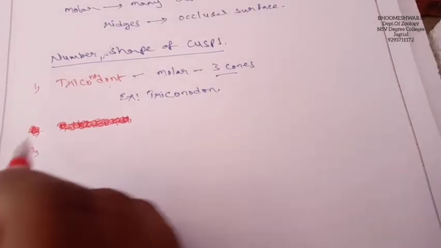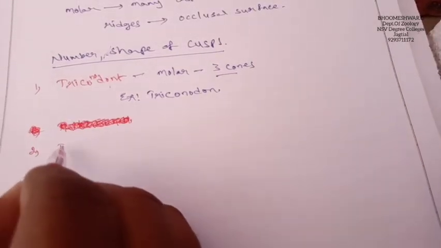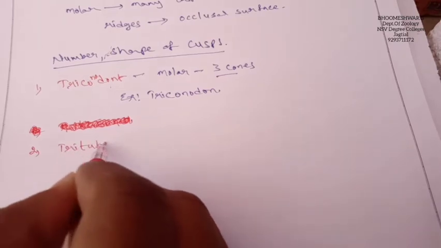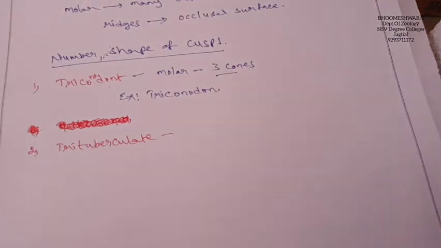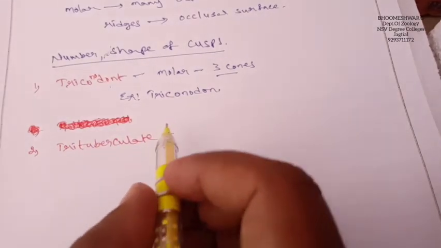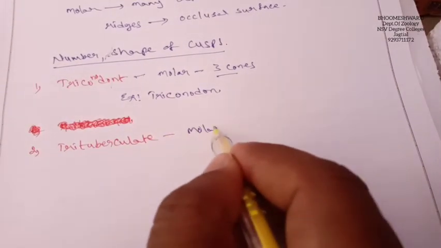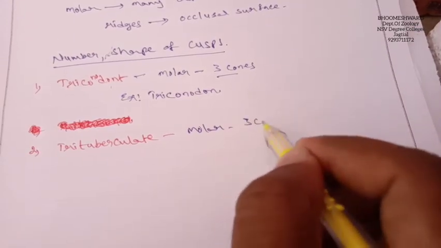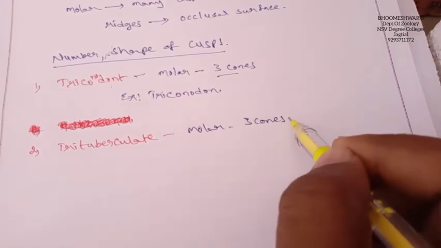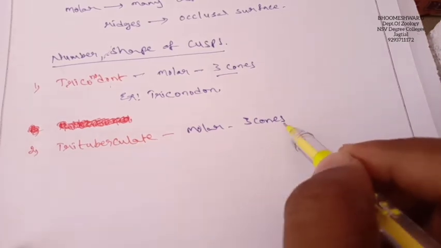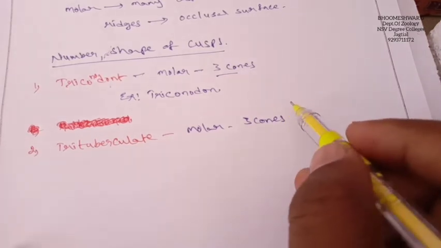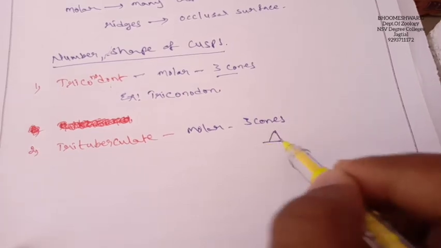Next, the second type of condition is called trituberculate. In trituberculate teeth, the molar also has three cones or three tubercles, but these tubercles are arranged in a triangular form.